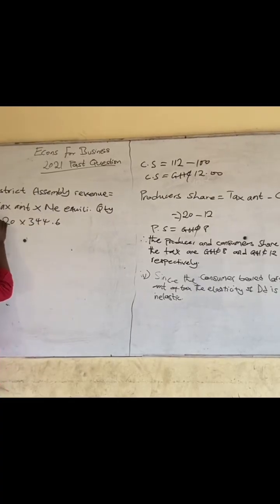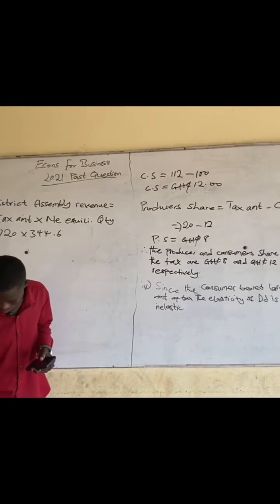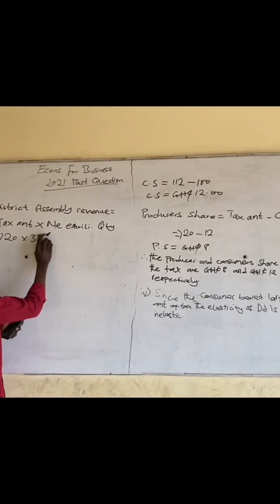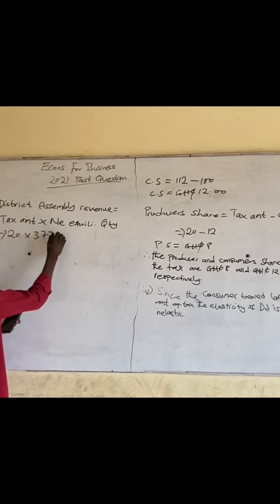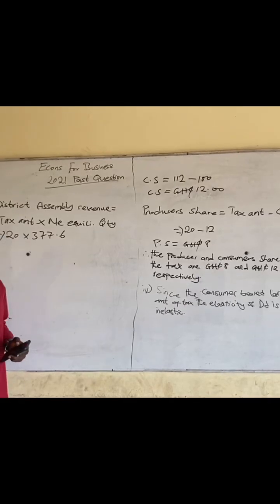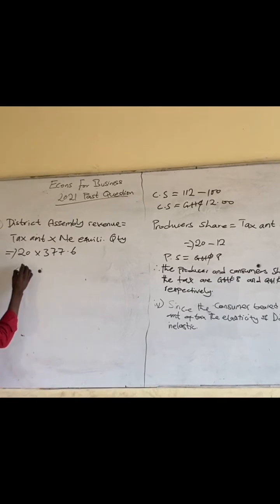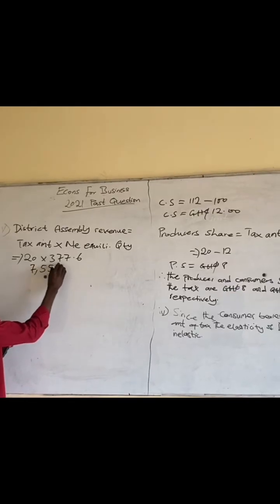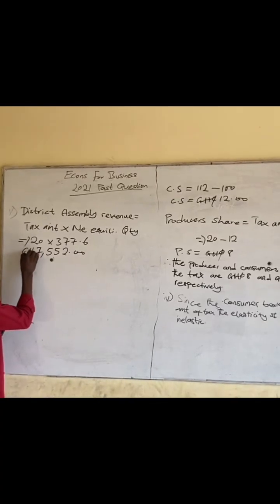Okay, so when you multiply this, let's point and see what we get. Oh, I think it was 377, sorry, 377.6. So when you multiply, you get 7,552 Ghana cedis. So don't forget to bring your currency sign.